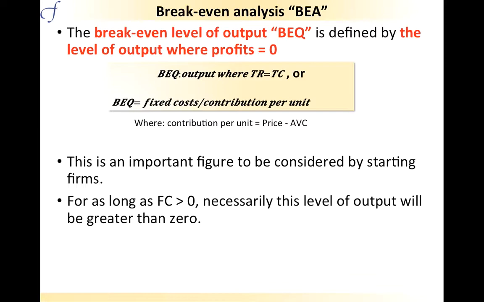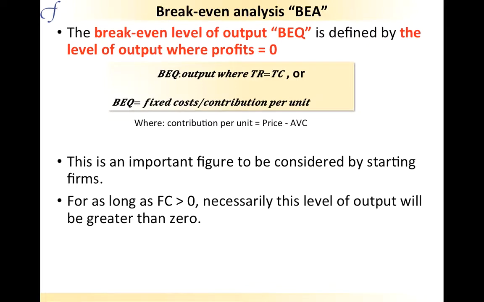And this is calculated as the fixed costs divided by the contribution per unit, where, remember, the contribution per unit is equal to price minus average variable costs. Therefore, we can already see from here that for as long as fixed costs are greater than zero, necessarily the break-even quantity will be greater than zero.